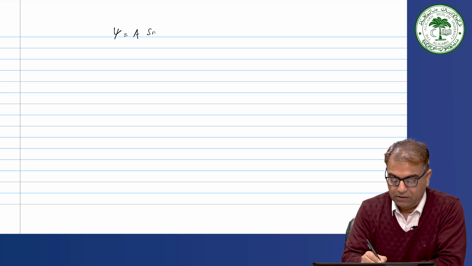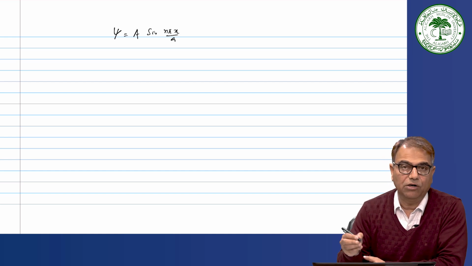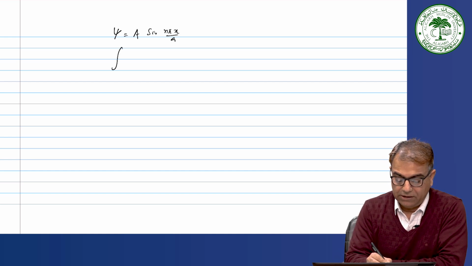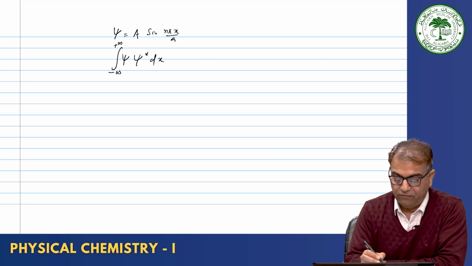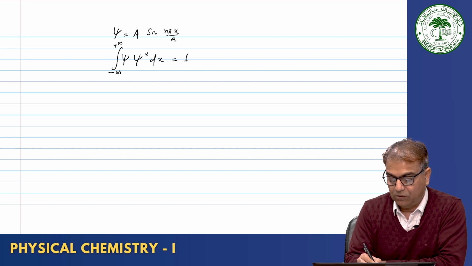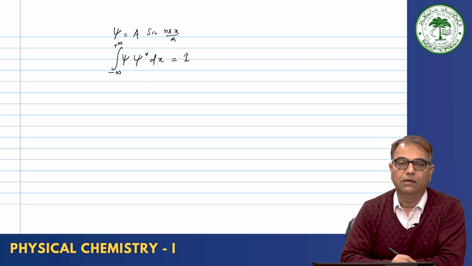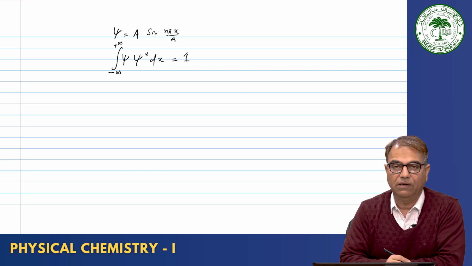The wave function is psi equal to A sin(n pi x upon a). What is the normalization condition? The integral of psi star psi dx, for one dimension, should be equal to 1. Since we have a real function, psi star will also be psi.